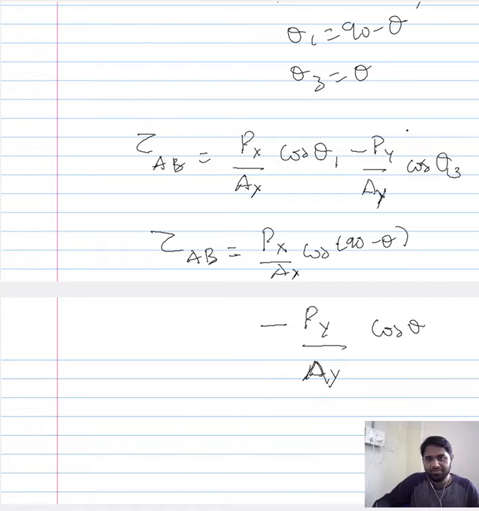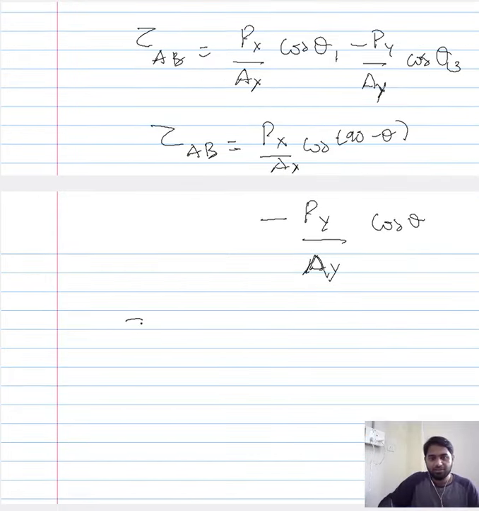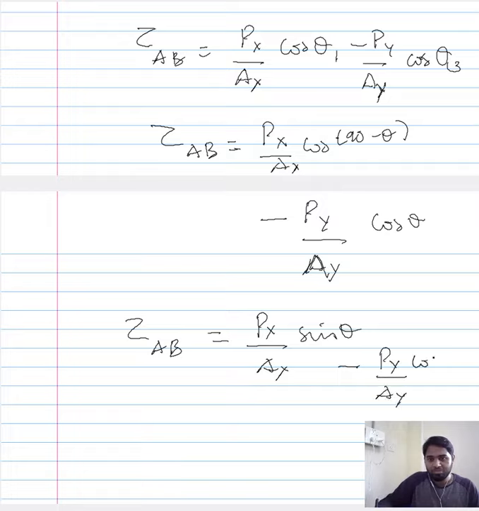We have seen that theta 3 is equal to theta. Since cos of 90 minus theta is sin theta, the tangential stress along the plane AB would be Px by Ax sin theta minus Py by Ay cos theta.